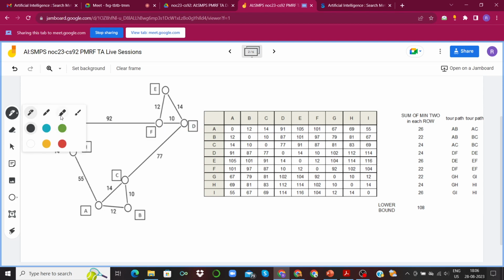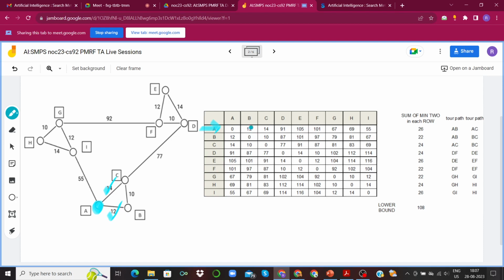Now, when we want to find the lower bound, what we can do is consider one row at a time. Let's say we consider the first row, and we look for the minimum two edges, or cost of the edges, that are linked to that particular node. For example, we consider the A node, and we see that we have 14 and 12 over here, which are the two minimum cost edges linked to A, and the third one is 55, which is greater, so we ignore that for now.